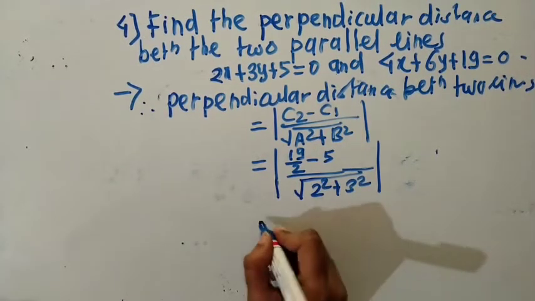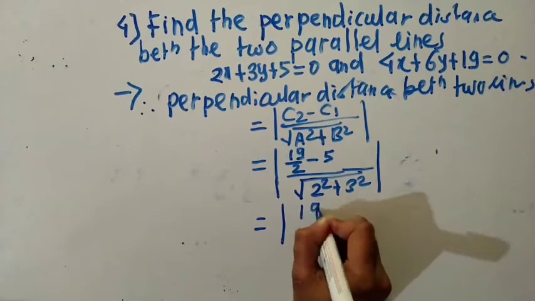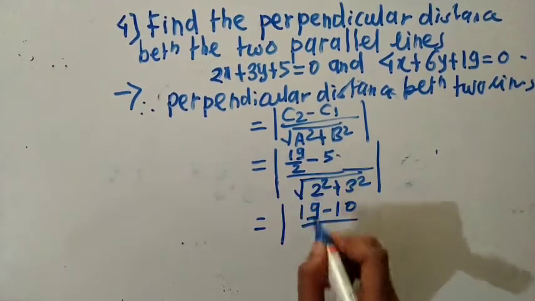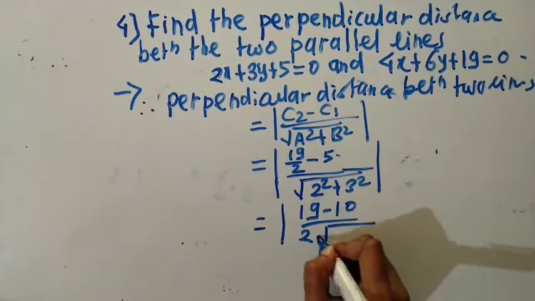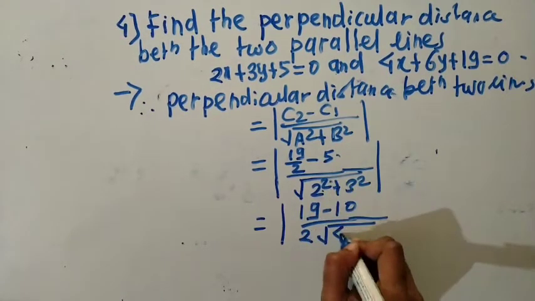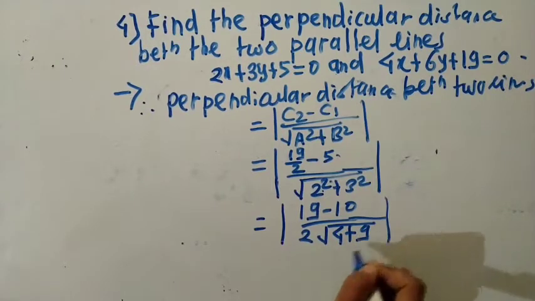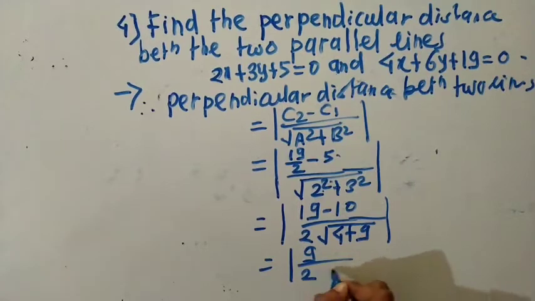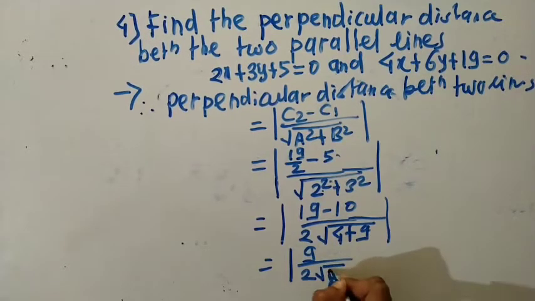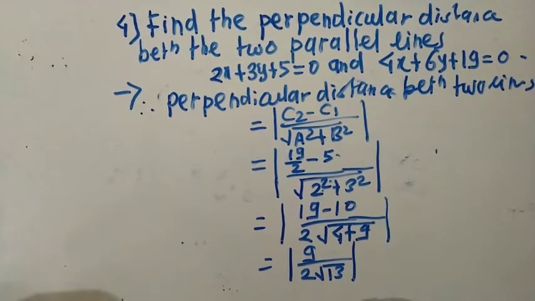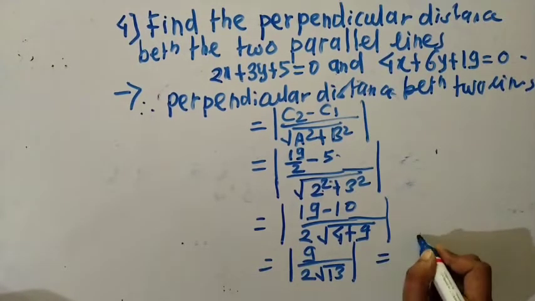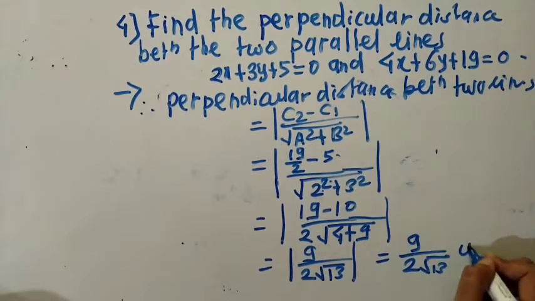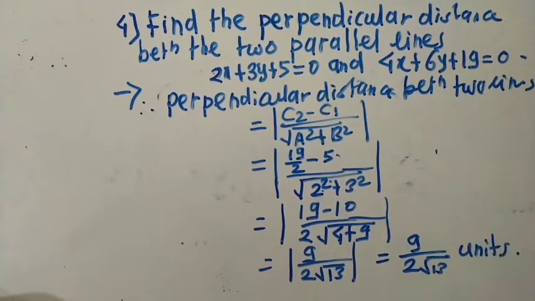Hence we get 90 minus 5 into 2, which is 10, upon 2, into root of 2 square 4 plus 9, which is 13. So we get 80 upon 2 root 13. Hence we get the distance as 9 upon 2 root 13 units.